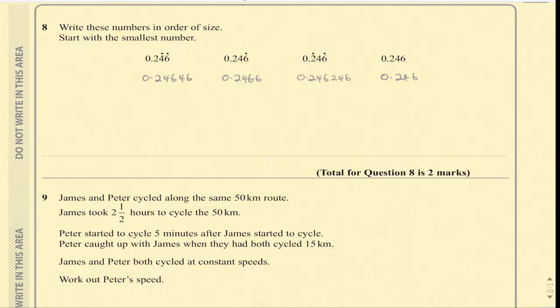So our answer will be 0.246, followed by 0.246 recurring 246, and the next one will be 0.246 recurring 46. And the final one will be 0.246 recurring 6.